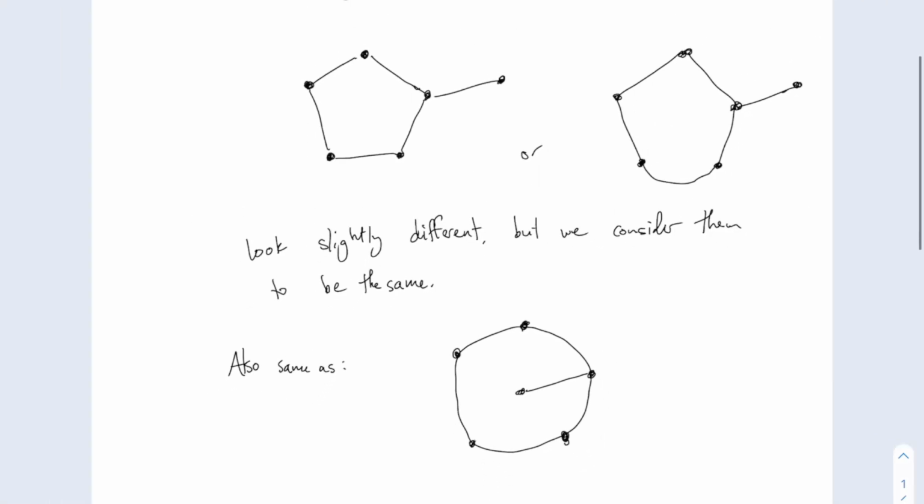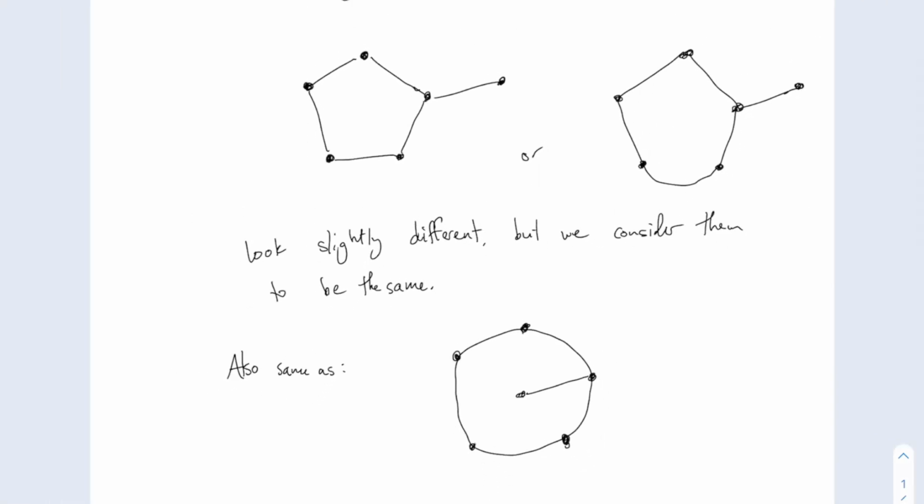This one looks quite a bit more different on the page, but it is mathematically considered to be the same graph because it has the same points and the same connections. Now, precisely where I drew the points and where I drew the edges is different, but this is the same graph again as these two up here. This point out, I drew it as if it were outside. Here I drew it as if we're inside. It doesn't matter though, because in either case it's just a single point that's connected to this other point. All right, this also is the same graph.